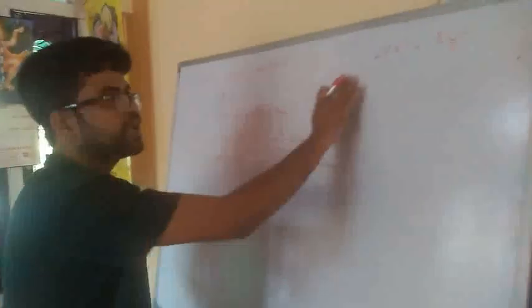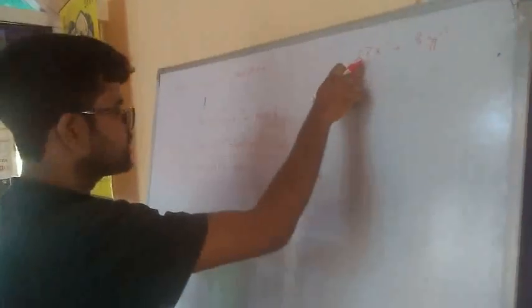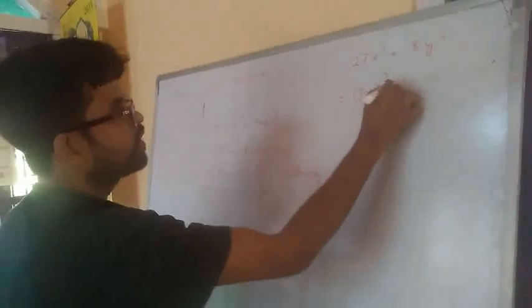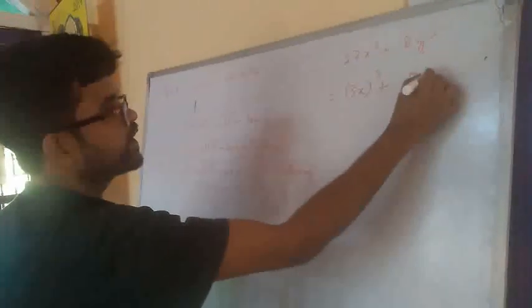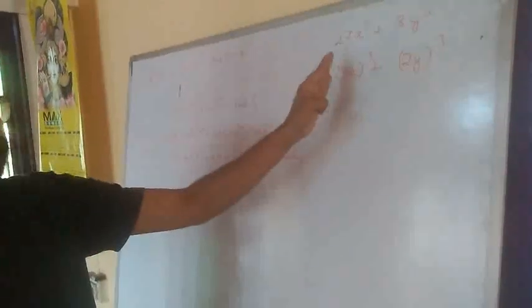Now if I take one example, suppose you have 27x cube plus 8y cube. So obviously 27 is the cube of 3. So you can write it as thrice x whole cube, and this can be written as twice y whole cube. So this obviously looks like a cube plus b cube, where a is thrice x and b is twice y.